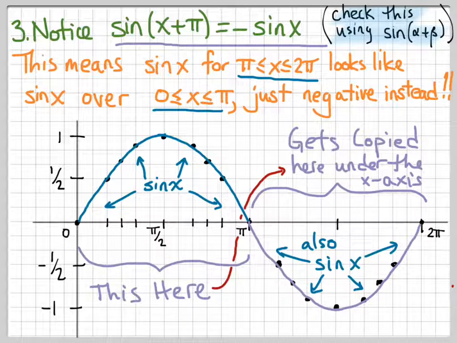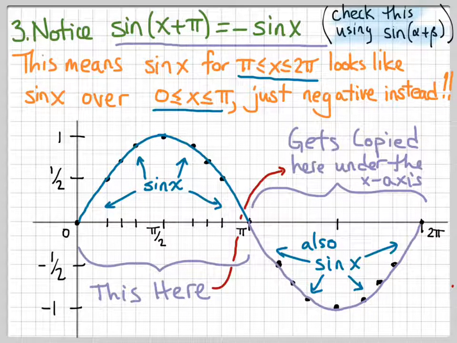And so you can see what we did here: I took this graph, and, let me draw it again, if I take this graph up top and drop it under the x-axis, you get the rest of the graph of sine of x. So all it is, is one hump followed by one valley. And that's how we get the rest of the graph.